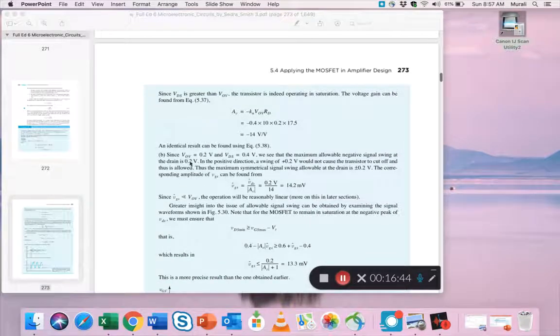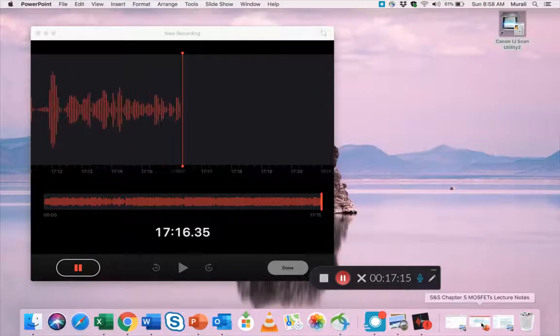Part B, how he calculates the swing on the output by taking this value at the Q point, subtracting this value at the B point, which he doesn't call B, but he just uses the overdrive voltage as the representative of the VDS at the B point, takes that difference and uses that as a swing. Okay, all right, so I'm going to have to move on, but that was an interesting problem, I thought.